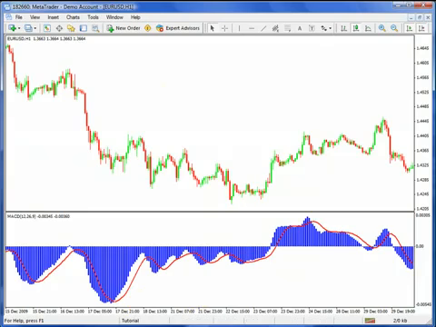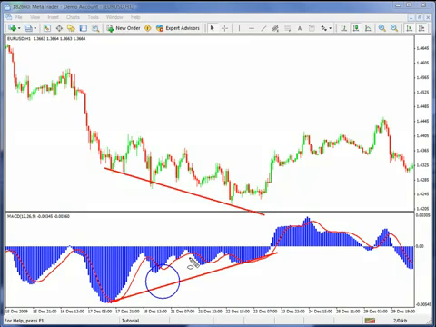If I draw a line across these bottoms right here, and I draw a line down here, what we can clearly see is that here we are making higher lows, and here we're making lower lows.